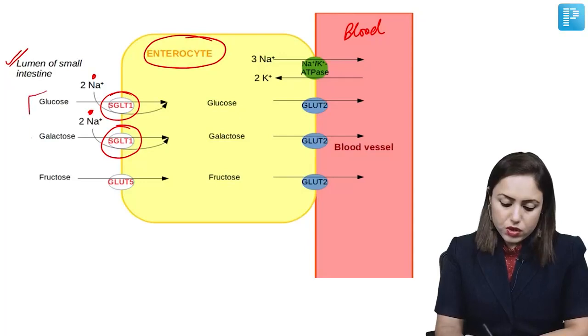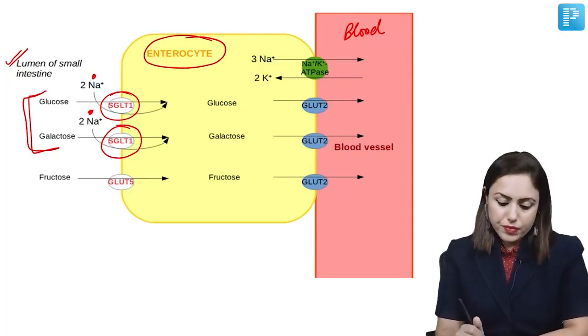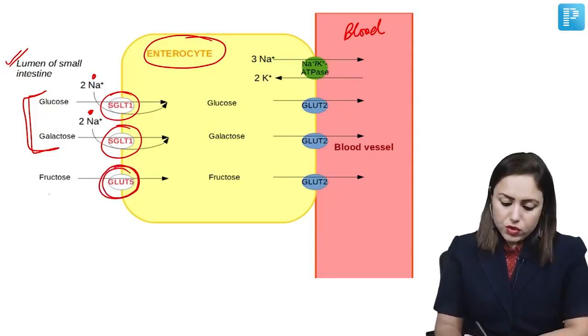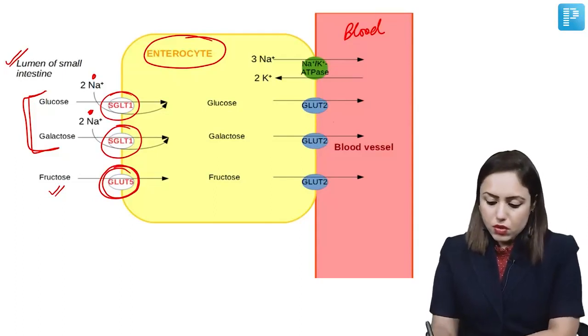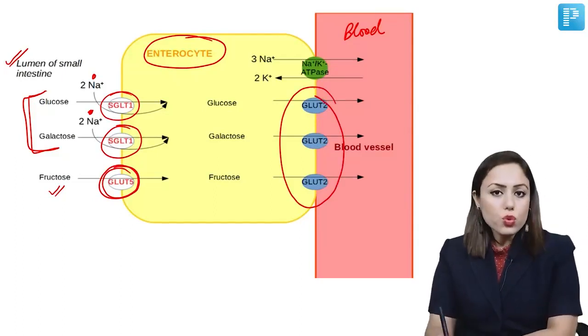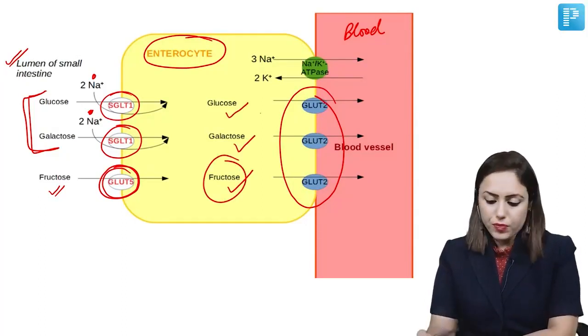Then via this transporter both glucose and galactose can be transported. Then there is GLUT5 which is used for fructose transport here, okay. Then on the basolateral side GLUT2 is present which can transport glucose, galactose and fructose, okay.